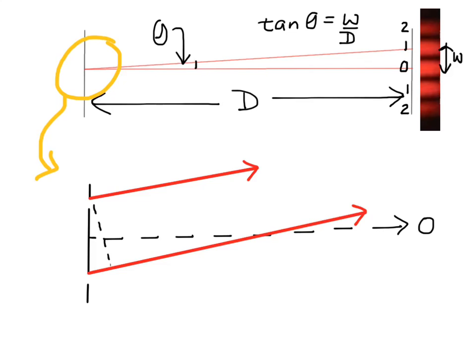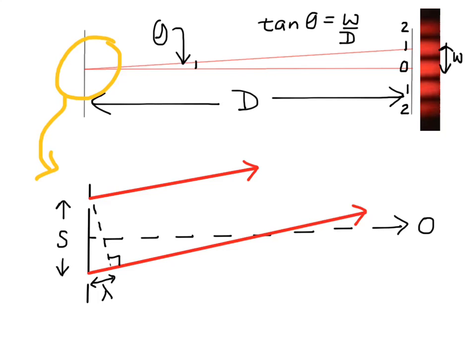So they're heading off at an angle theta to the horizontal. If I draw a line perpendicular to their direction of travel, I draw the right angle in there, and we label the distance between the two slits s, for slits, that's easy to remember.